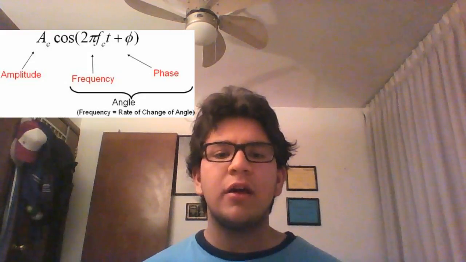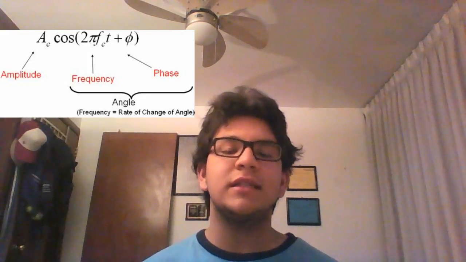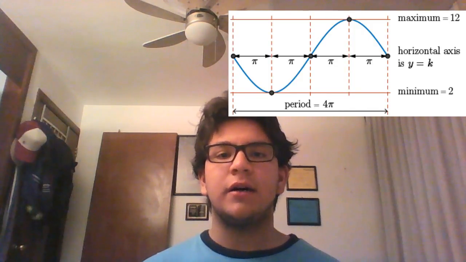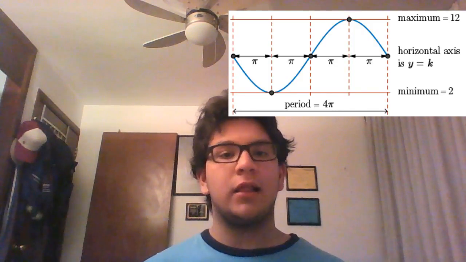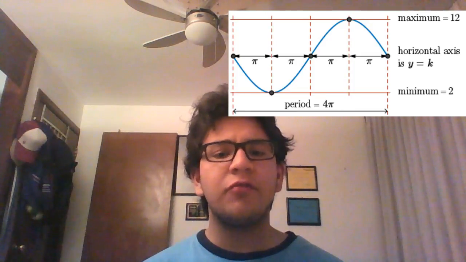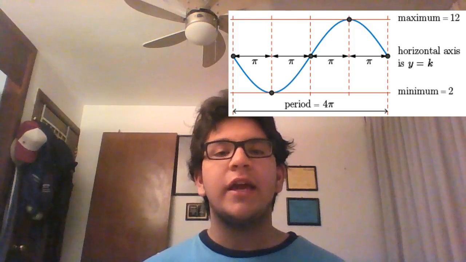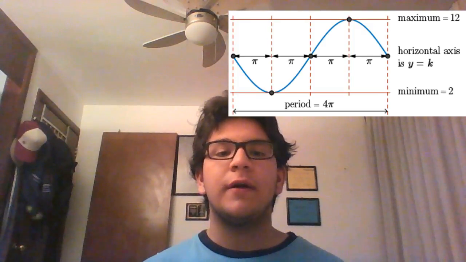Then we have the period, which is the horizontal distance traversed before the y-axis repeats. So the bigger the period is, the larger the graph will be. Then the frequency, which is the number of complete waves that we have in a transverse distance of 2 pi.